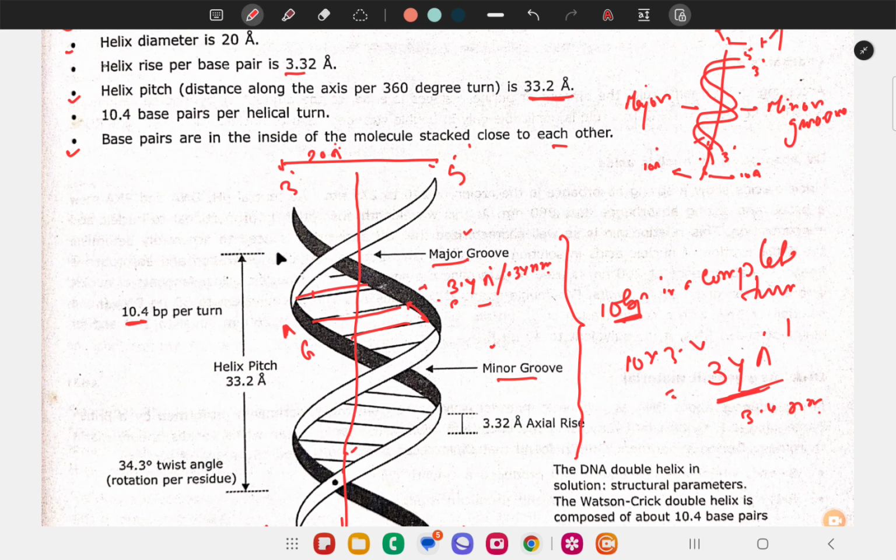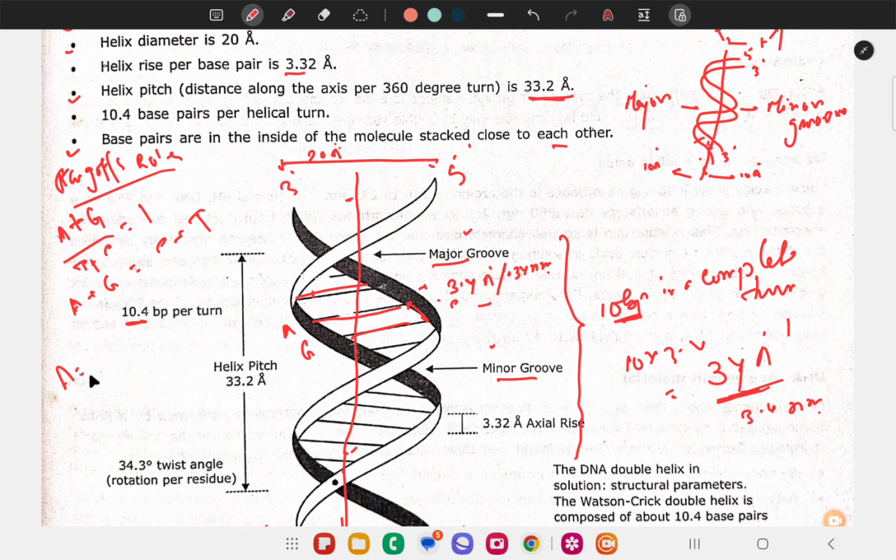Number 6, stability: this double helical structure maintains Chargaff's rules, that is, adenine plus guanine, purine, equals cytosine plus thymine, pyrimidine.